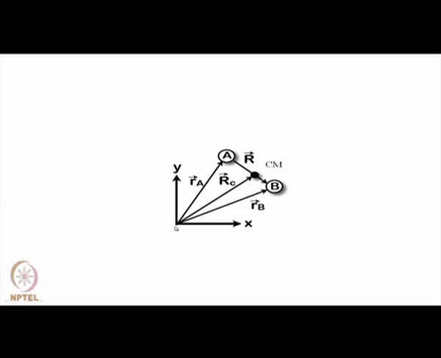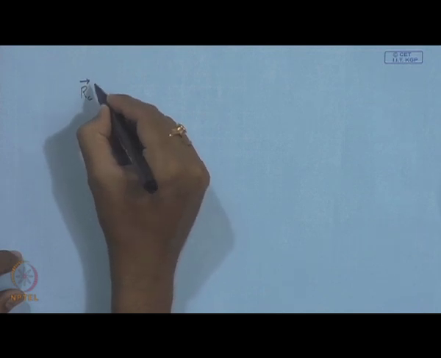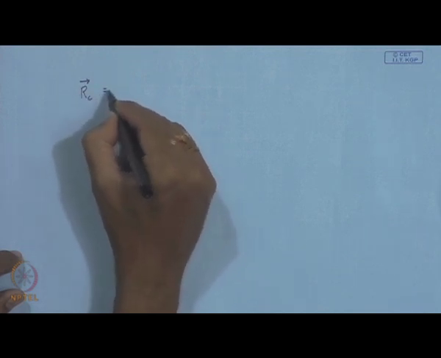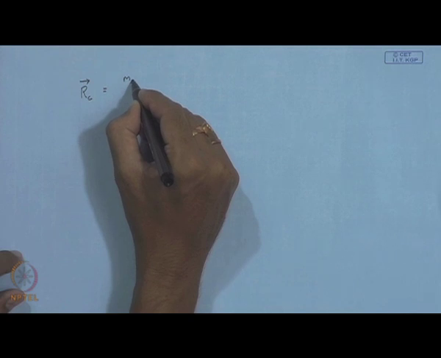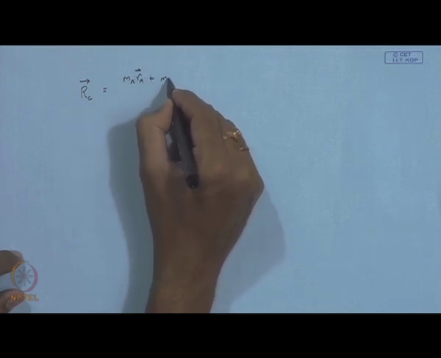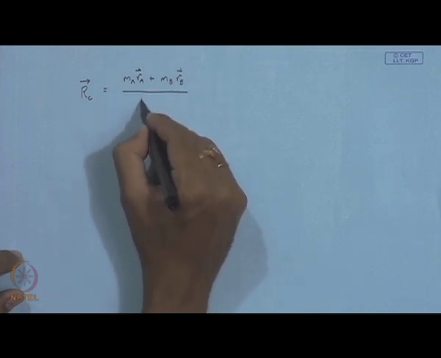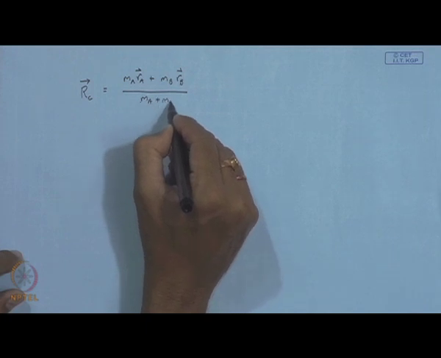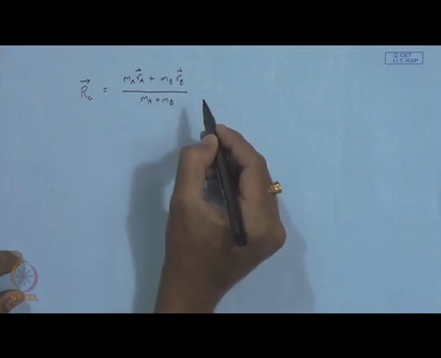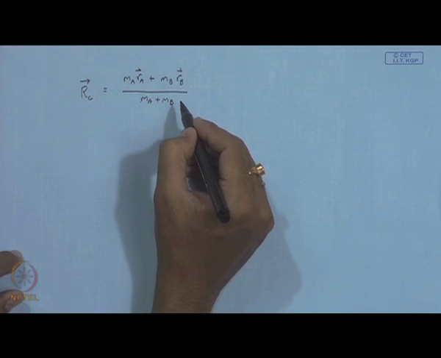Now, R_C vector is equal to (m_A R_A plus m_B R_B) divided by (m_A plus m_B). That is the coordinate vector of the center of mass.